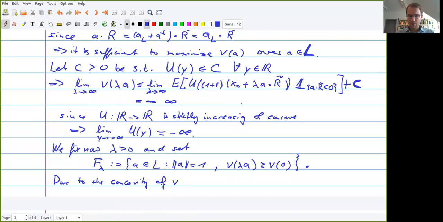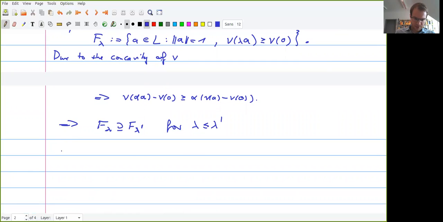Now we recall that if I send lambda to infinity, then the value function goes to minus infinity. So this is 6.3, 6.4.